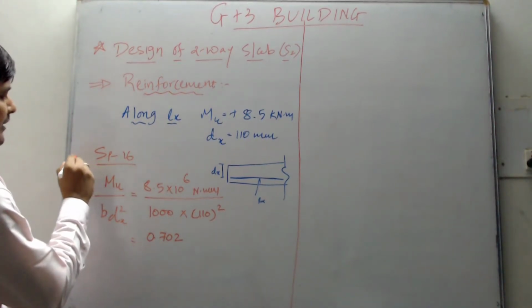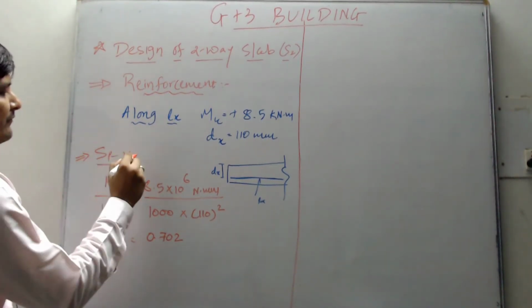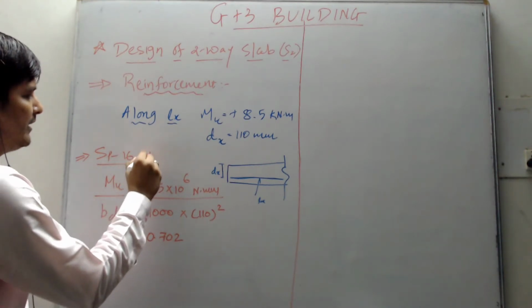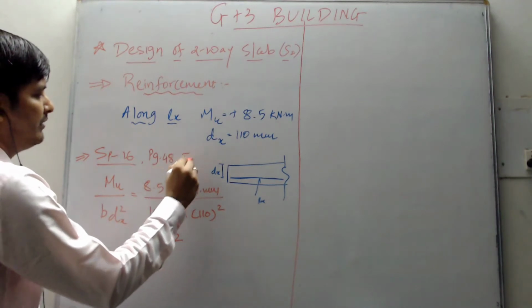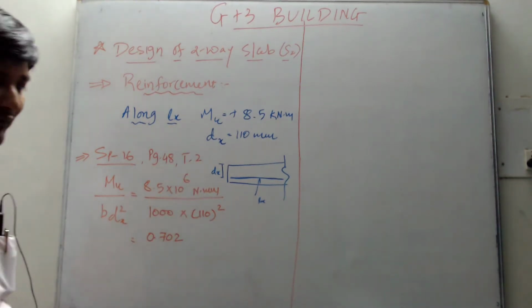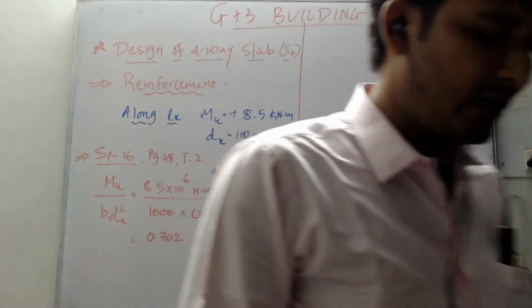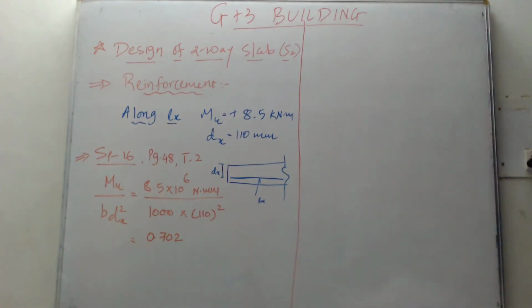Now I need to go to SP16. I think it is page number 48 and table number 2 for M20 grade and Fe415 grade steel. M20 and Fe415 grade steel. So let's go to SP16.